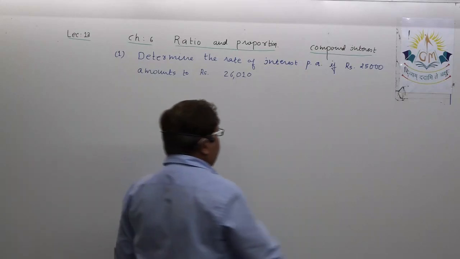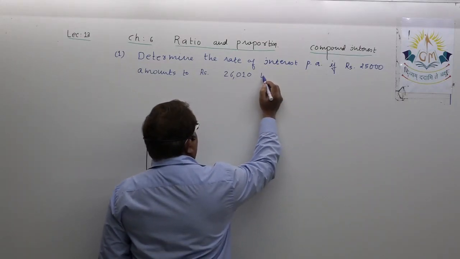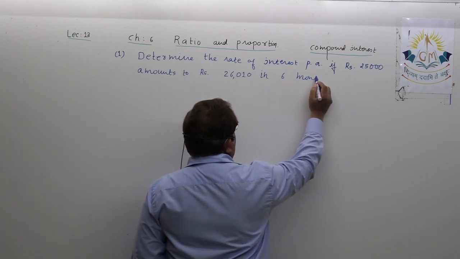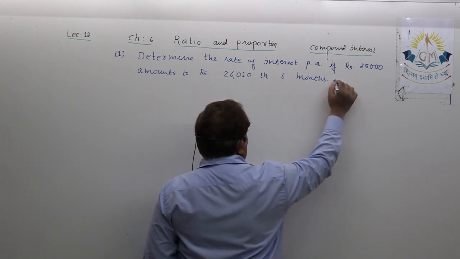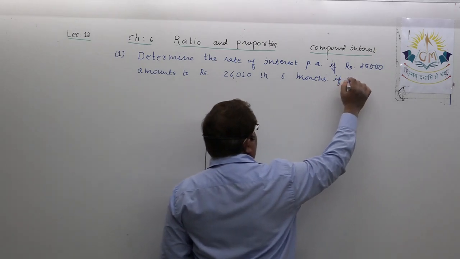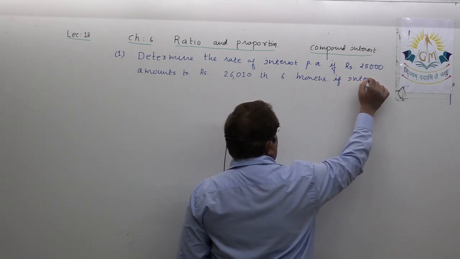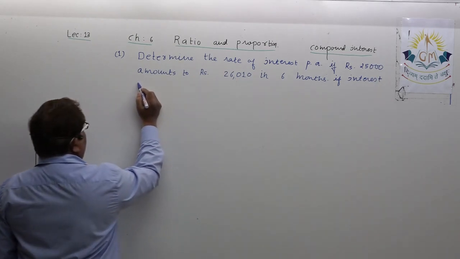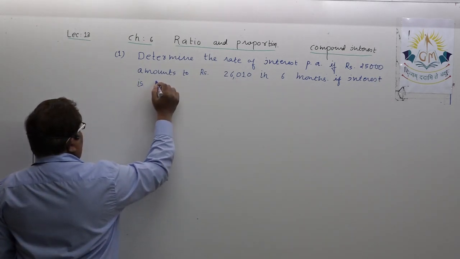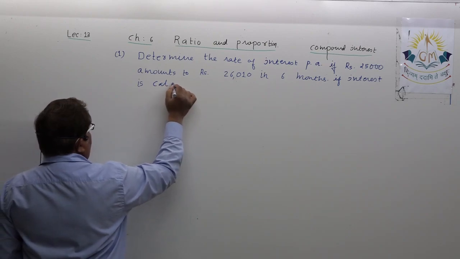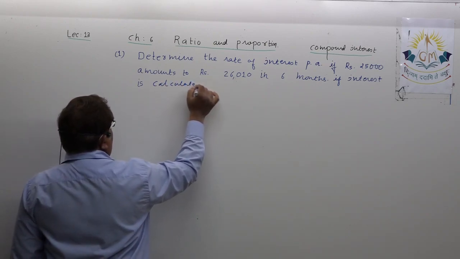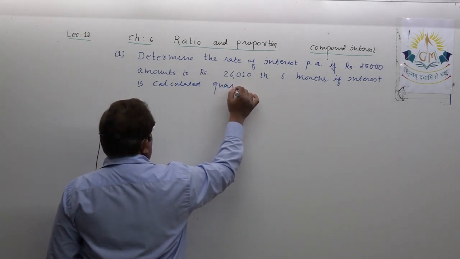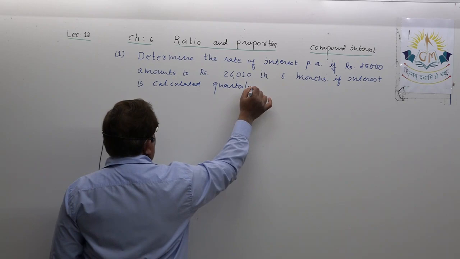In 6 months, if interest is calculated quarterly. Okay, dear student, this is the example.